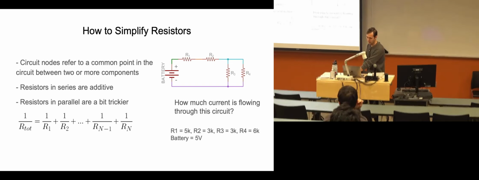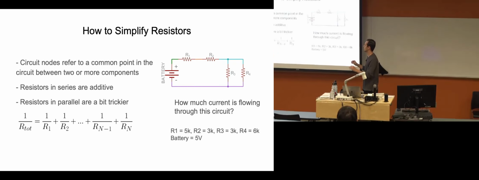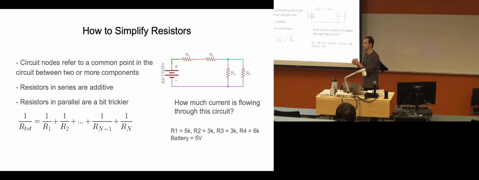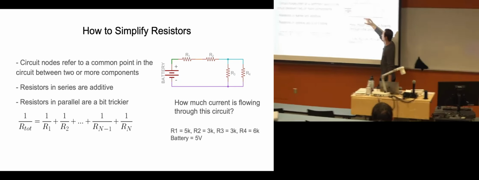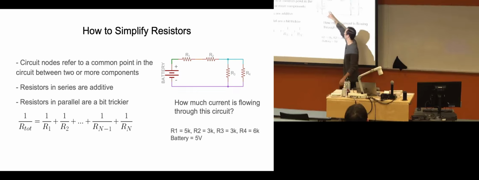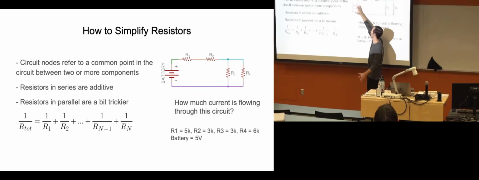Now we can talk about analyzing circuits and simplifying them. Circuit nodes are the main way you identify places you can simplify stuff. So in between components, there's always going to be a node, right? Between this positive terminal of the battery and this resistor right here, that's a node.